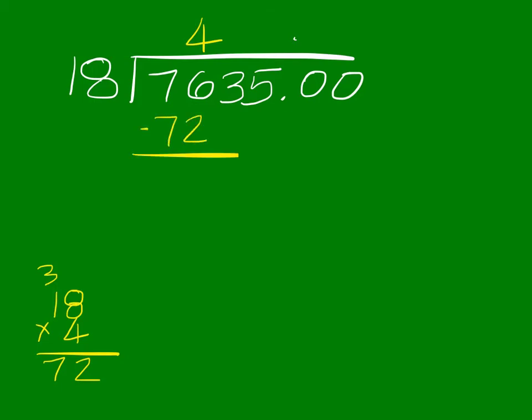What is 76 minus 72? 4. What do I do next? Bring down the 3. Can I multiply 18 by something without going over 43? What would that number be?